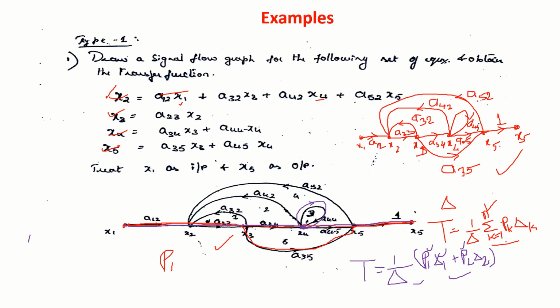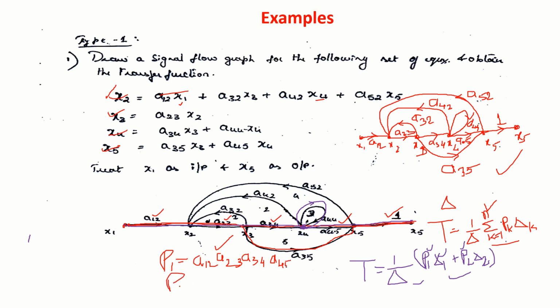P1 is equal to, look here, A12, A23, A34, A45. So product of path gains, A12, A23, A34, A45 into 1.